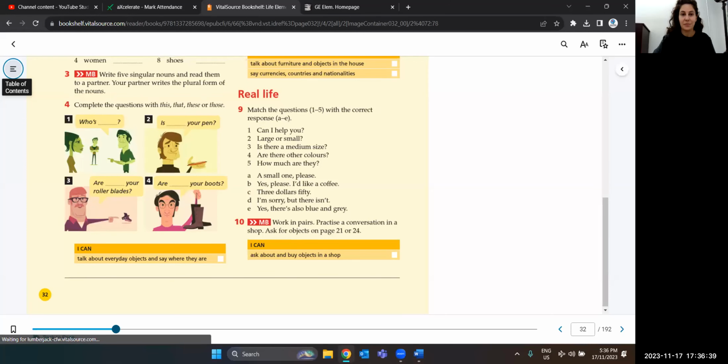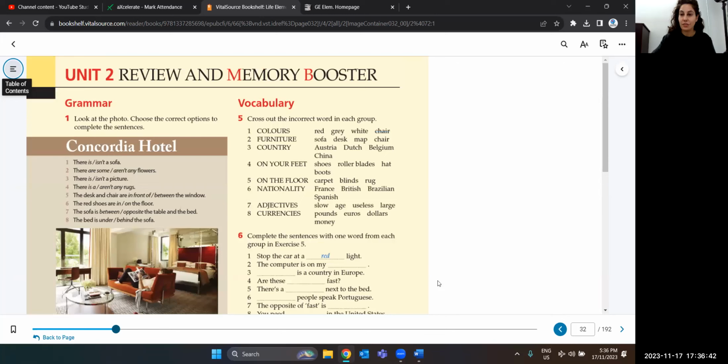So we're going to look at all of that again, make sure that we understand the grammar. And so we are on page 32. So review. Look at the photo, choose the correct options. So again, singular noun or plural noun.